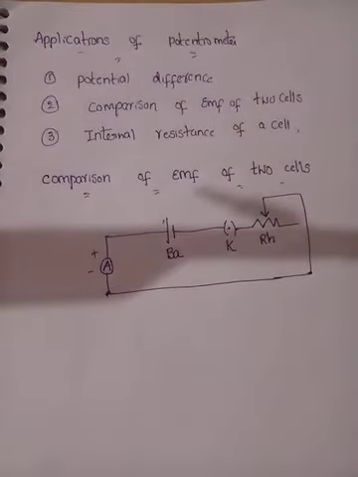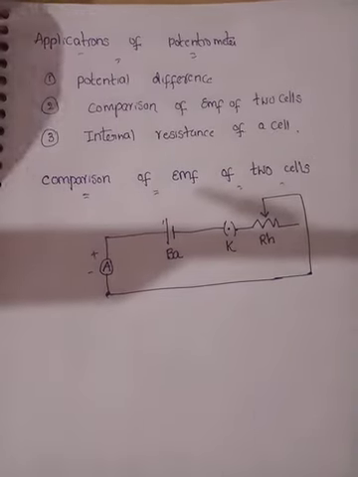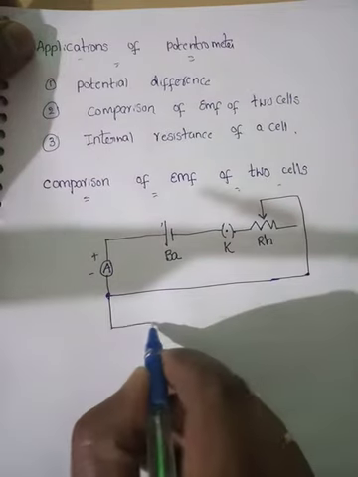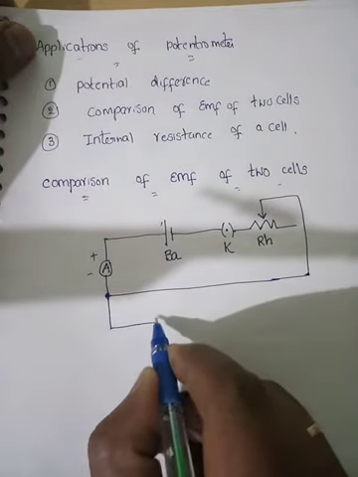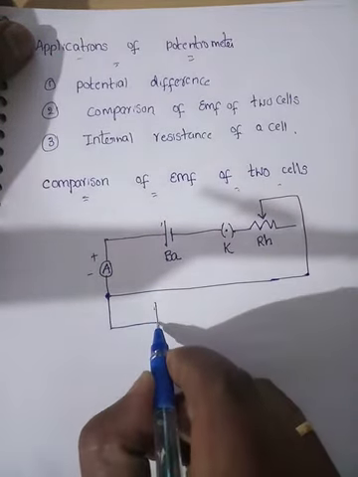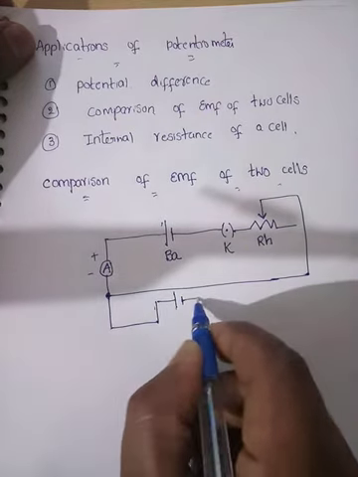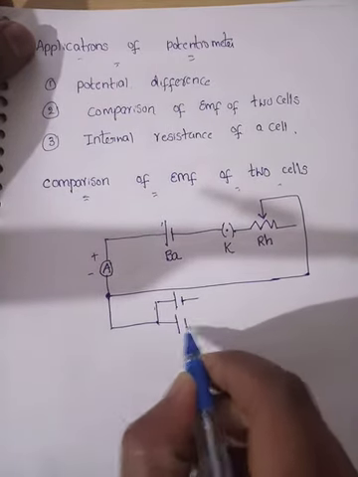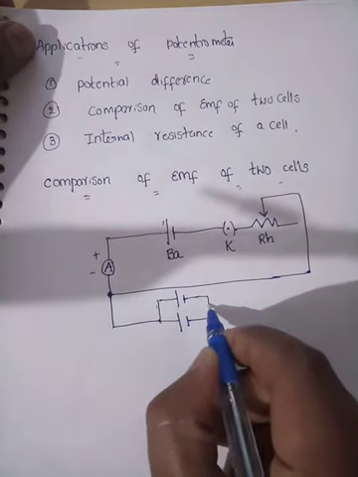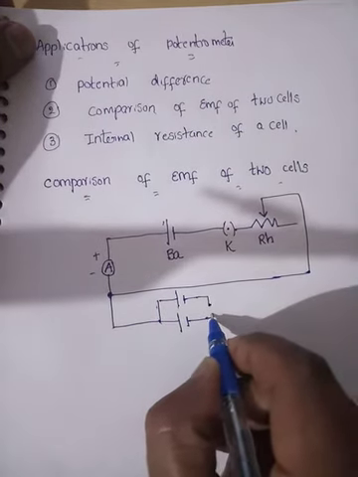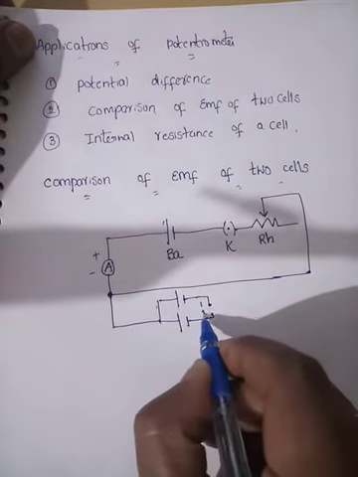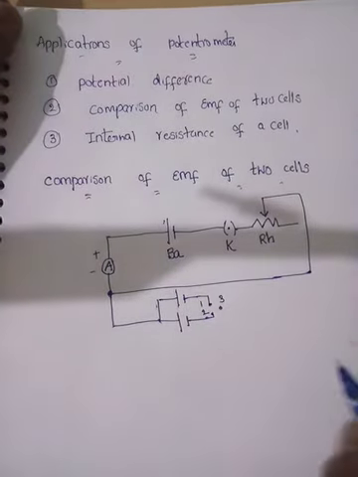Now what we have to do is compare the EMF of two cells. Let us take two cells. From A we connect two cells, with the two positive terminals connected to this one, and the negative terminals connected to a three-way key, which means it has 3 points.